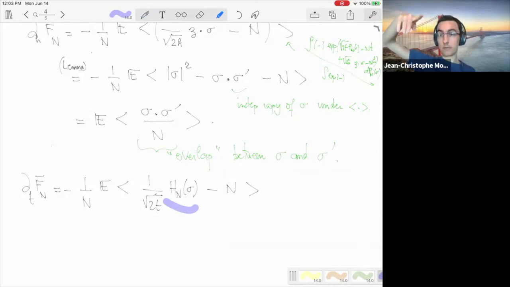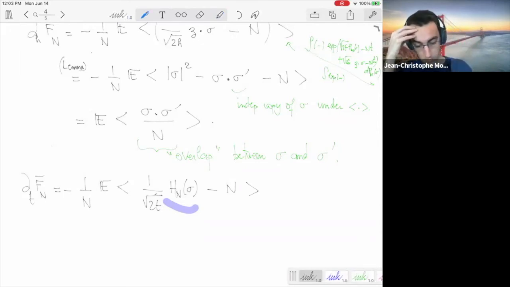So the relevant c of sigma sigma prime is the correlation between Hn of sigma and Hn of sigma prime, which we denoted by Xi in general, but it's basically the scalar product between two configurations when it's about Sk. And it's squared. Sorry.